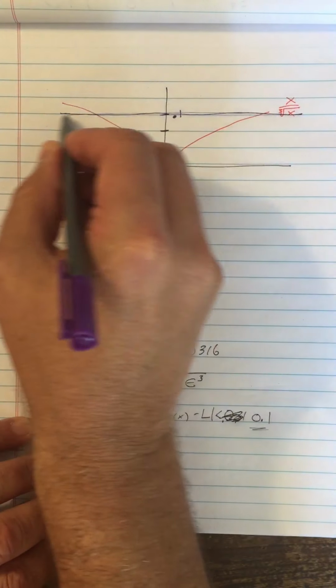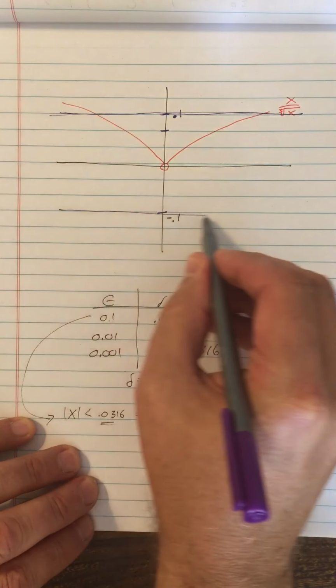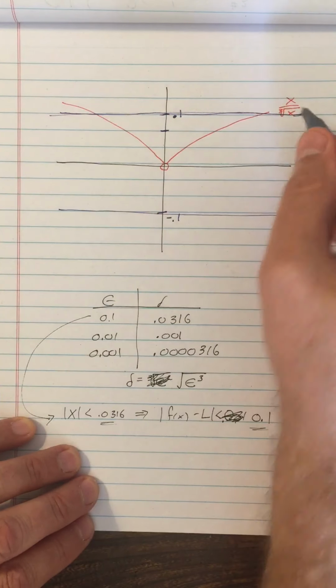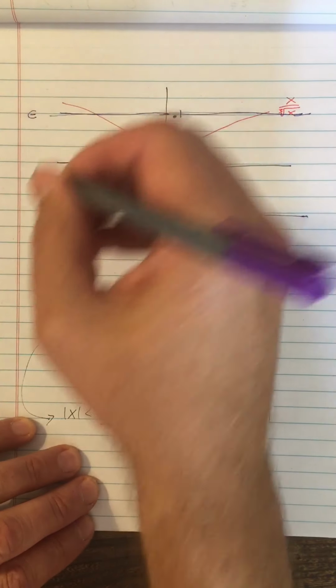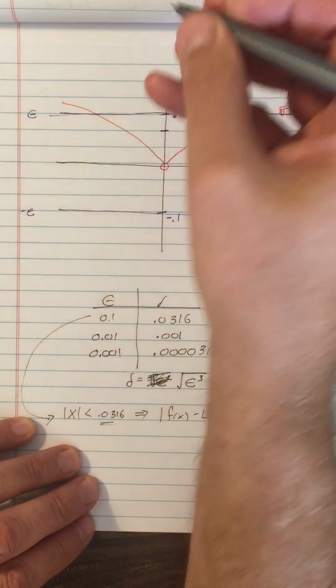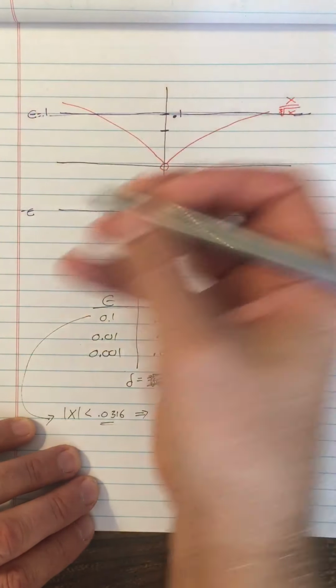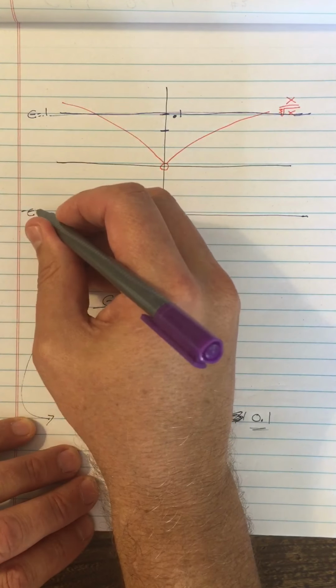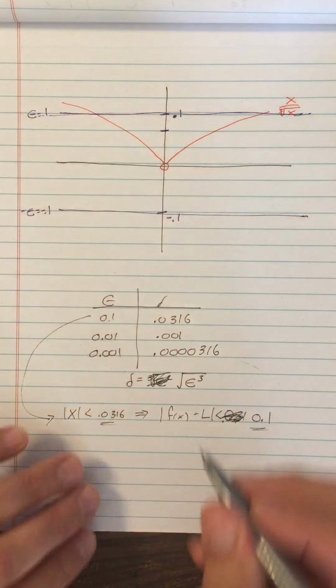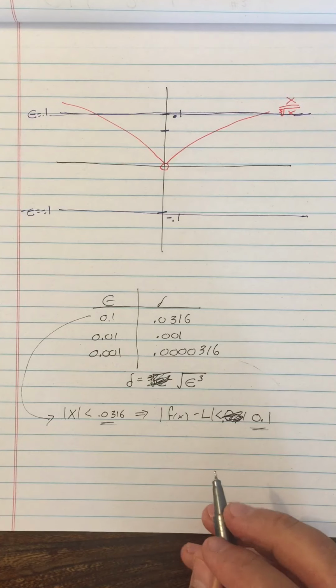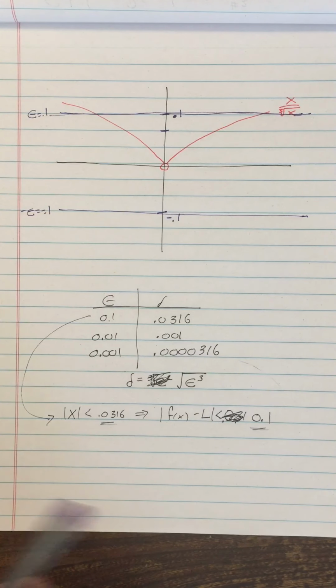All right, so this is a wide road, okay, this street. This is epsilon up here, and this is negative epsilon. All right, this is epsilon equals 0.1. This is negative epsilon equals negative 0.1. I guess you could say it like that. All right, so what this is saying is, where's the delta?